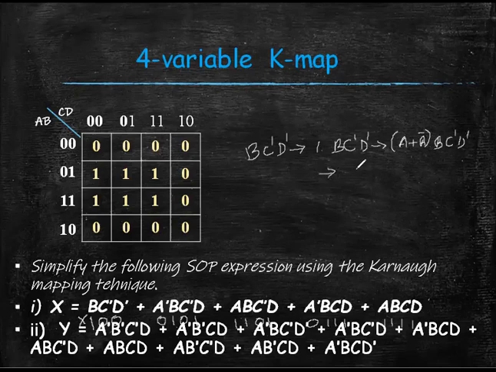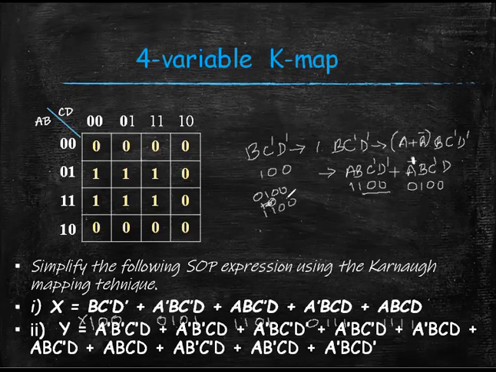Okay, then there must be two terms, that is one term is A B C bar D bar, or A bar B C bar D bar, that is 1 1 0 0, it is 0 1 0 0, that is B C bar D bar is written as two terms, that is 0 1 0 0 and 1 1 0 0.